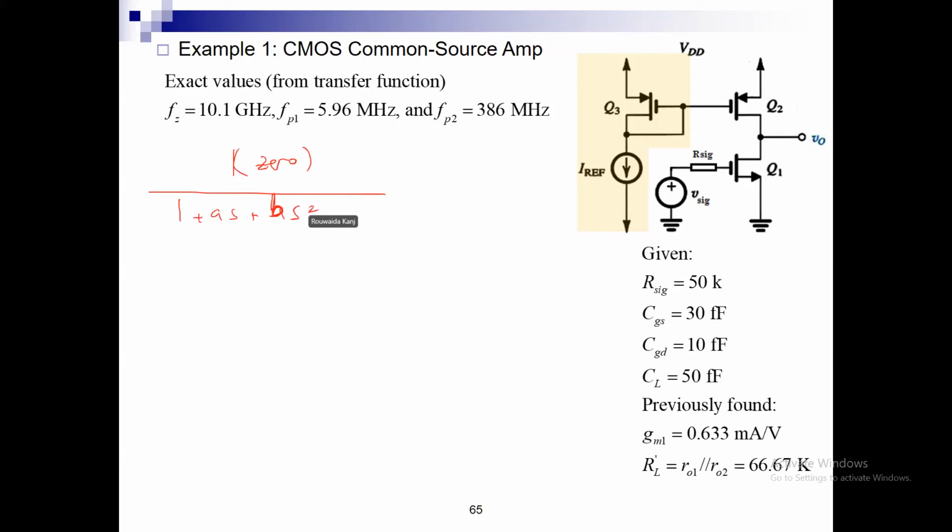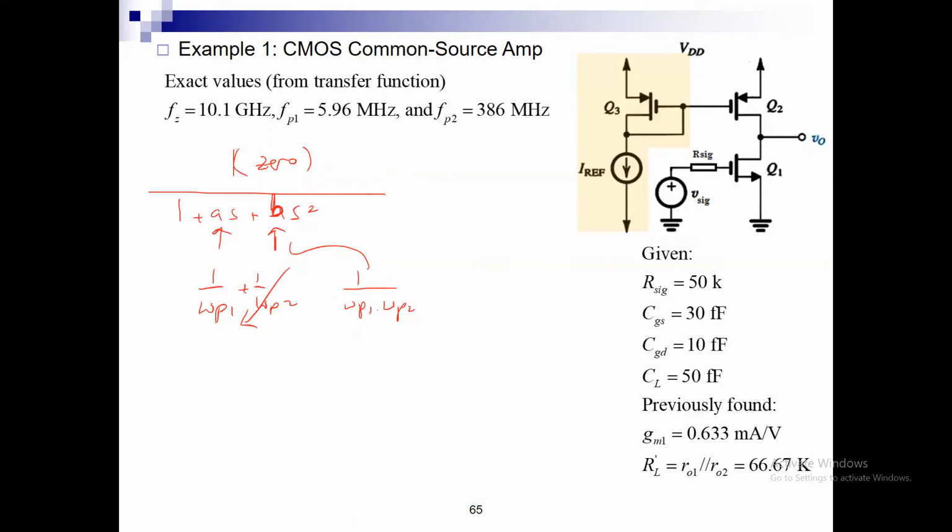And we said from A and B we are going to find 1 over omega P1, because we considered it smaller, and then from B, which was the product of the two, we will find the 3 dB frequency. We had a complex closed form for the second pole frequency.